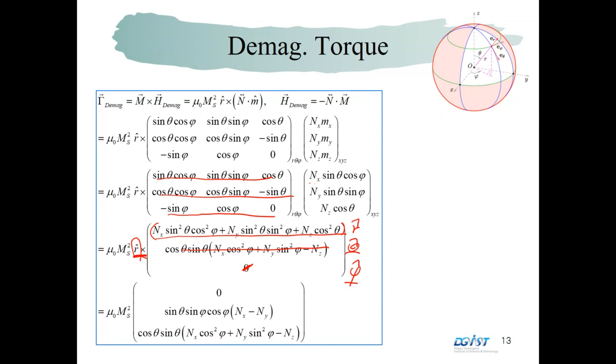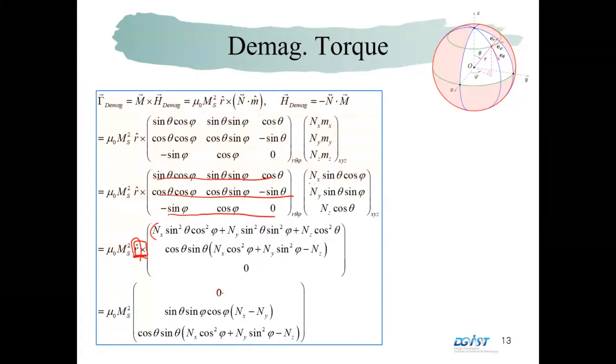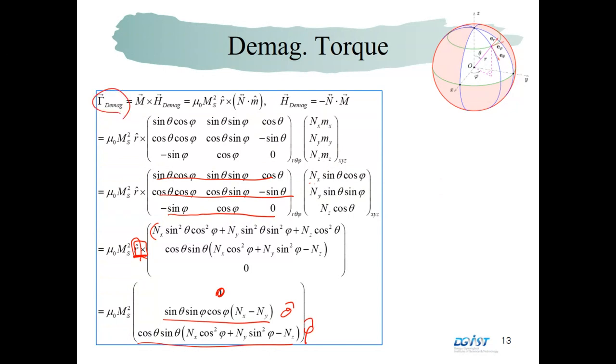So eventually we obtained the final form of this one. Because of this cross product with r, we have a zero component in the r component, and finally we have a theta component and phi component of the damping torque. I'm sorry for confusing this part. I will check it again and then correct it.